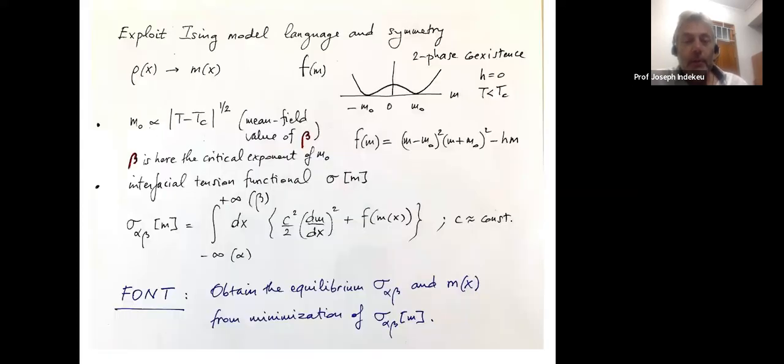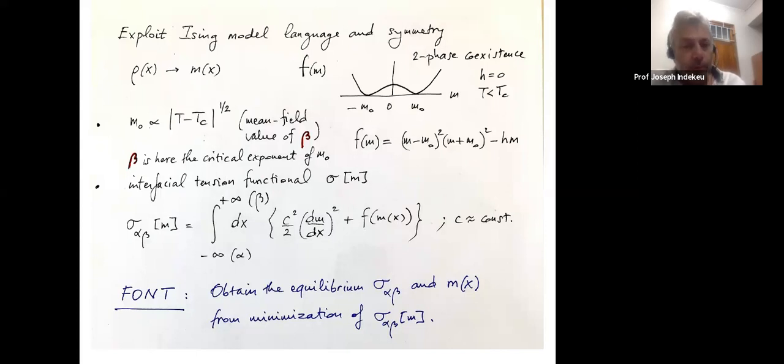Then we set out to write down a functional for this interface in such a way that if we minimize the functional, by variational calculus, we could obtain the optimal profile of the concentration or density in the fluid or in the binary mixture.